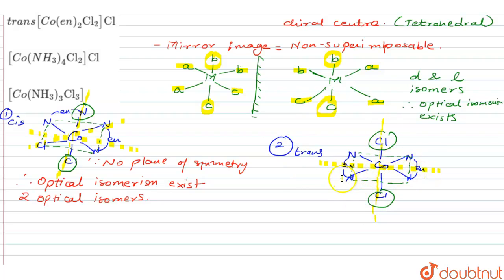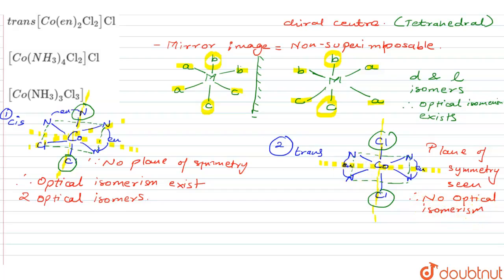Again, the same thing. It is dividing the molecule into 2 halves, as well as the diagonals are also doing the same. So in short, we can say that there is a plane of symmetry seen. Yes, there is a plane of symmetry seen, and hence there would not be any kind of optical isomerism.